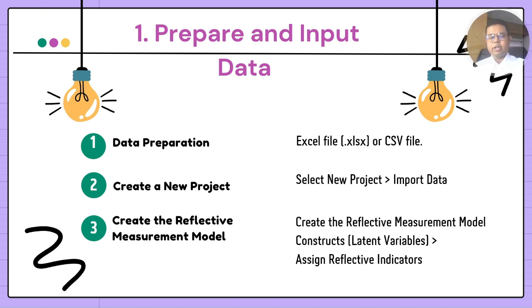Second one, create the new project. How we will create a new project, we'll learn in the hands-on project. Third one, create the reflective model. What is a reflective model, and what is a formative model? Please see the previous video to learn about them. Today we'll create a reflective model.